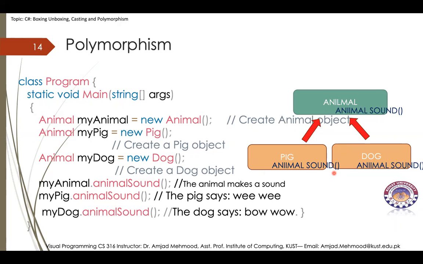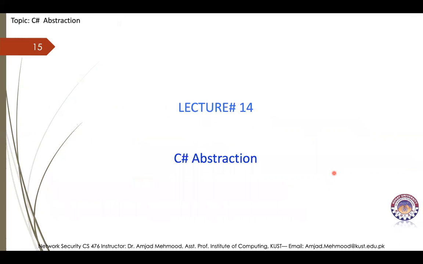If the child class wants to override, it can do that. Otherwise, it is not mandatory for the class to do overriding. Now let's start with C# abstraction. Today we will be doing mandatory overriding, which means the child class will be bound to override its parent class.